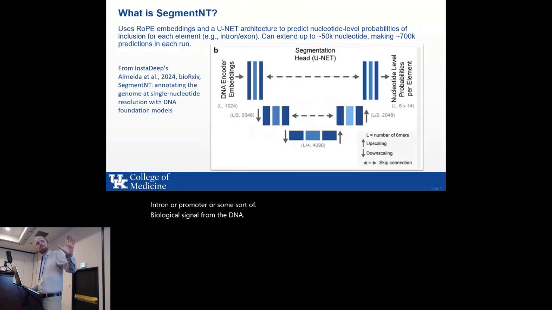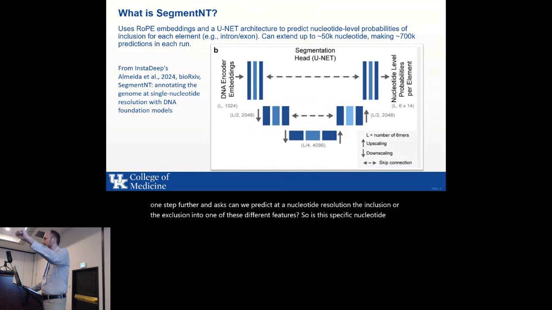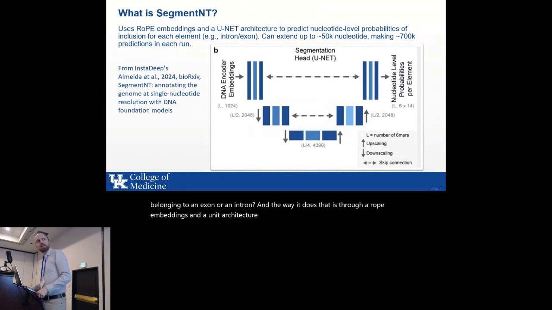Now, SegmentNT in particular is important for our analyses. SegmentNT takes that one step further and asks, can we predict at nucleotide resolution the inclusion or exclusion into one of these different features? So is this specific nucleotide belonging to an exon or an intron? The way it does that is through rope embeddings and a UNet architecture, which I display up here. Again, this is straight from the nucleotide transformer and SegmentNT papers.